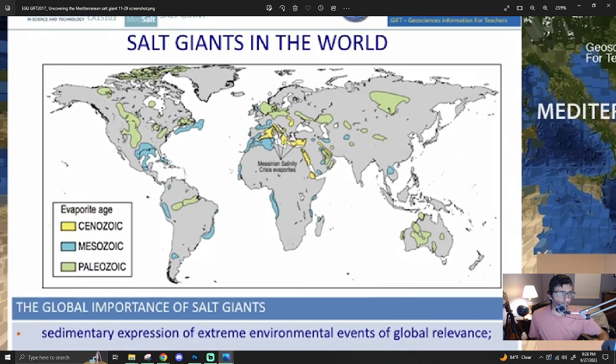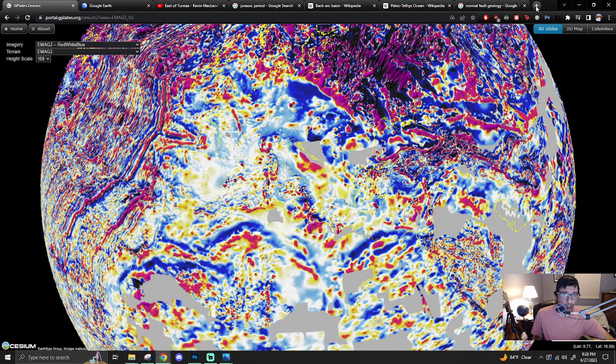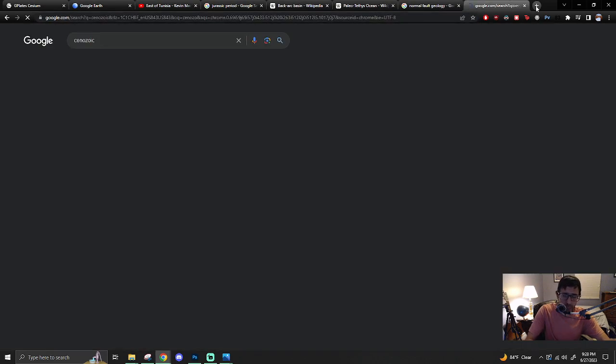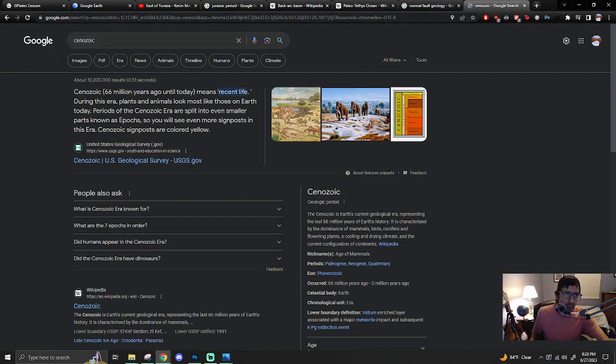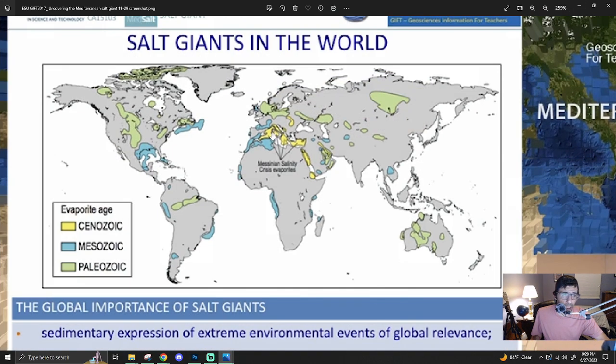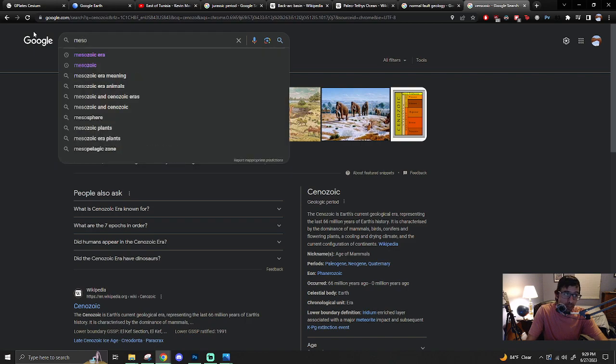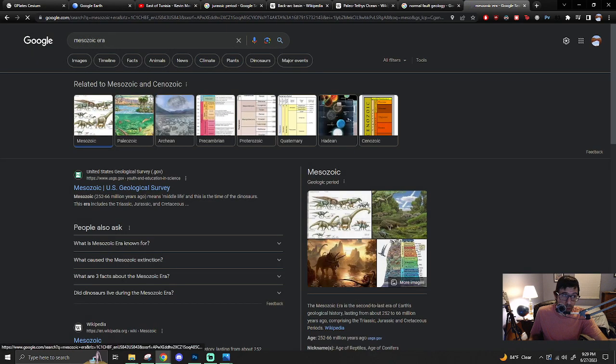So Cenozoic salt deposits are pretty much all here, which is 252 to 66. I believe that's Cenozoic. Oh, 66 to present, pardon me. 66 to present, and the Mesozoic then is 262... 266.